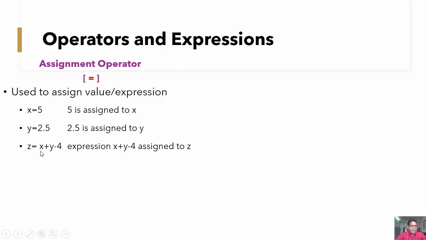So it is going to add x and y, subtract a value 4, and whatever the final result is, that result gets assigned to variable z. So in this way the assignment operator works in C language programming.